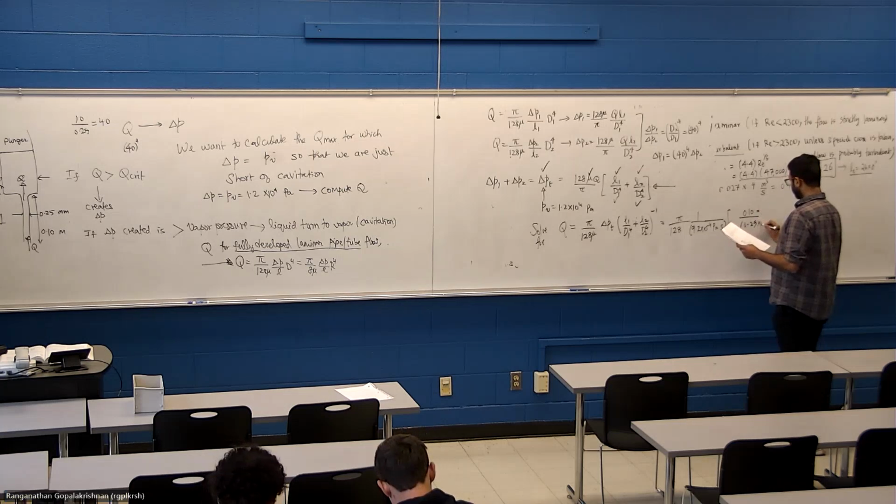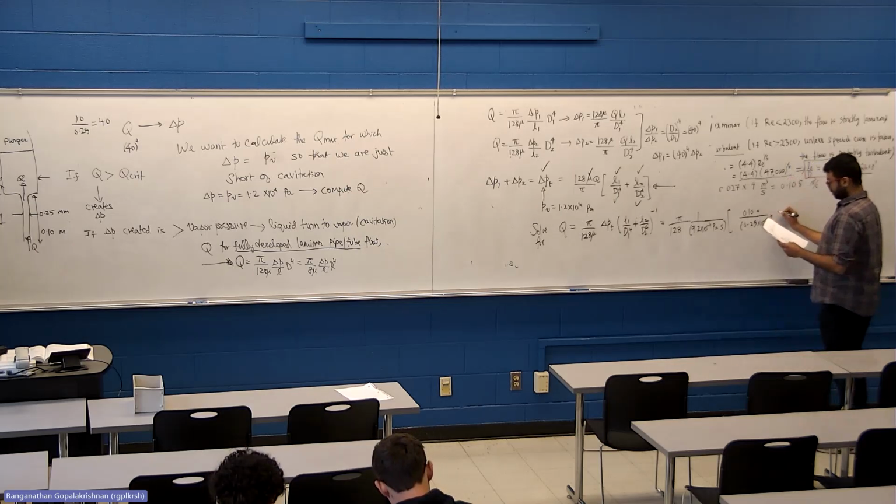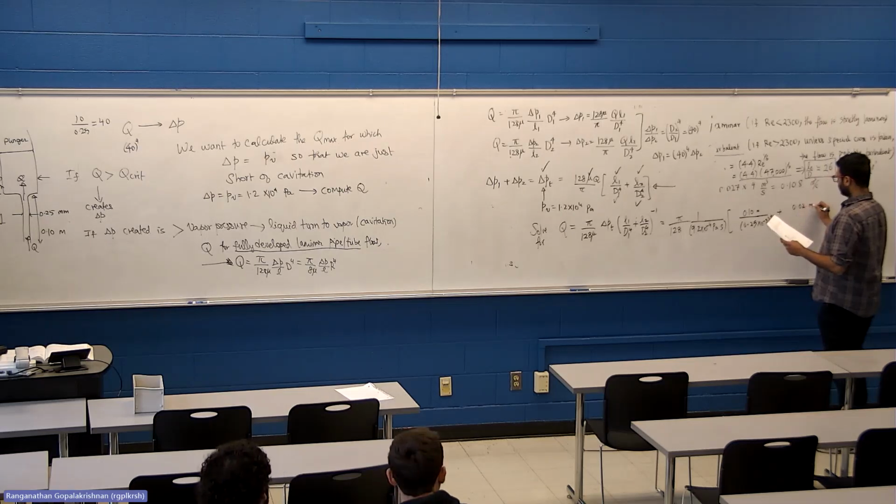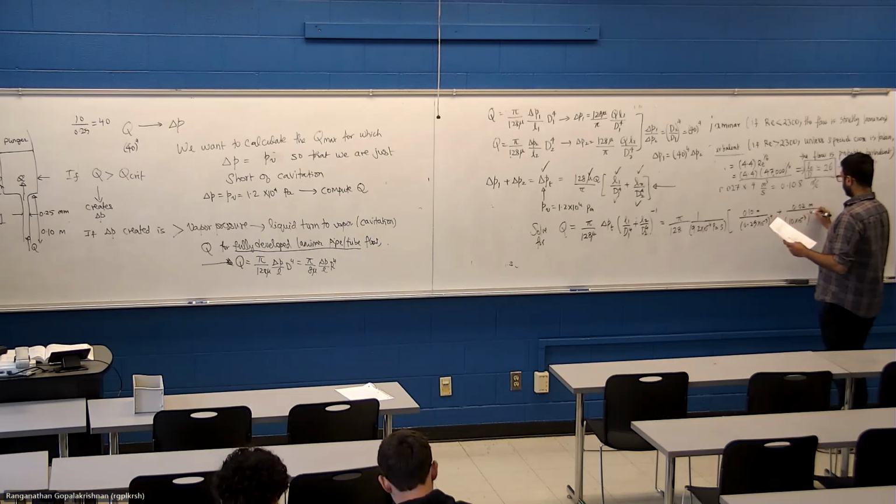So I have to multiply this by 10 to the power minus 3 before I take the fourth power, plus 0.02 meters divided by 10 times 10 to the power minus 3, to the power 4.